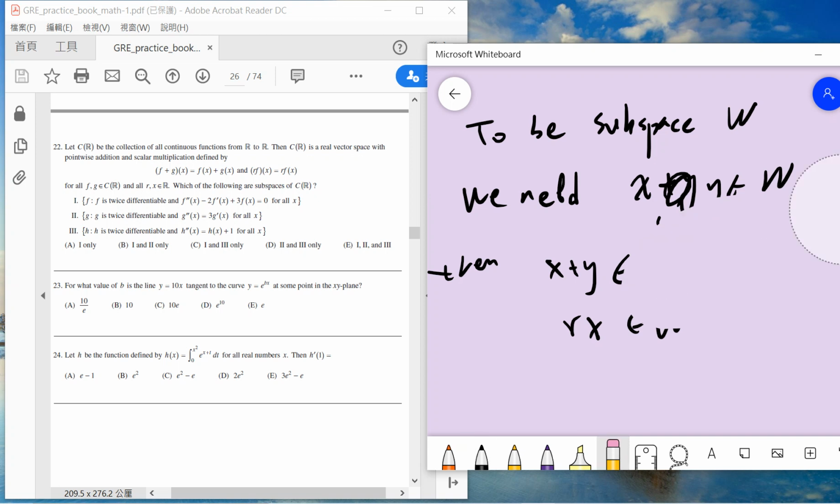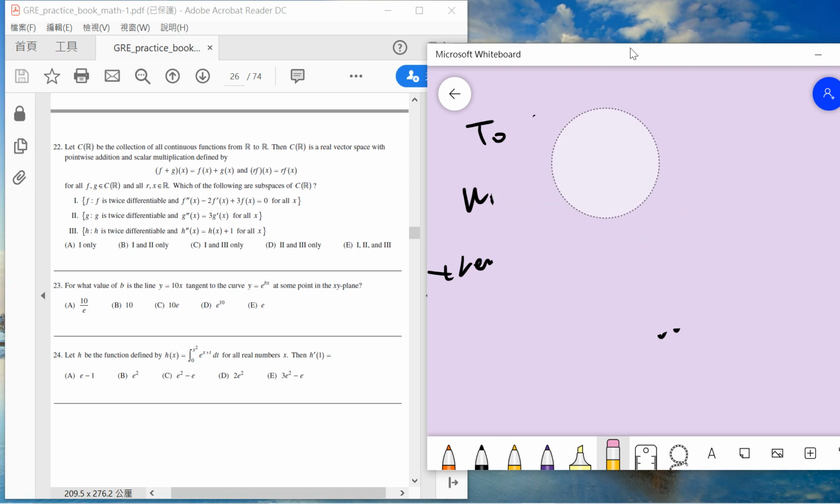If this is the first time you see this question, then you need to verify it. But actually, you need to know that the solution set of a linear differential equation forms a subspace.